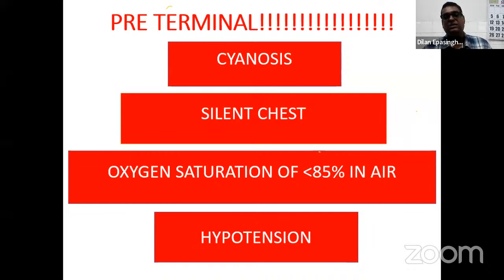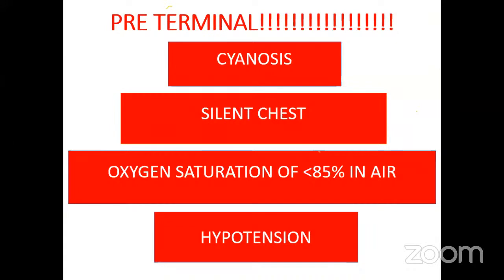Then hypotension. These are very important things you have to remember and treat. Don't ever forget these pre-terminal signs and symptoms. If you miss those, that will be the end of life. So we have to be very, very careful about that.